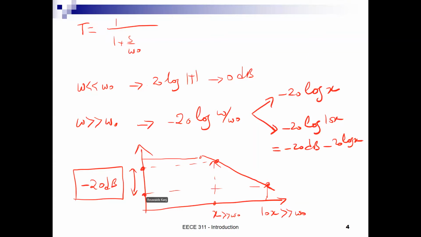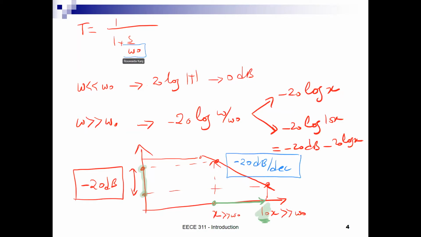So anytime my frequency increases by 10 folds, my gain is going to drop by 20 dBs. So this we call minus 20 dBs per decade, and we can use it from here on.